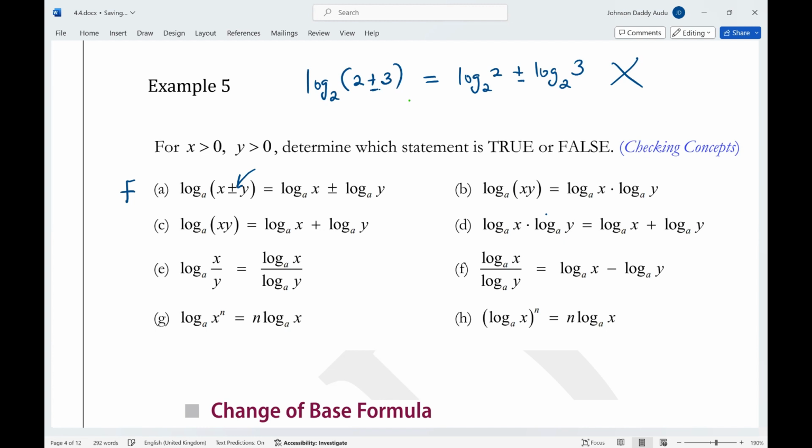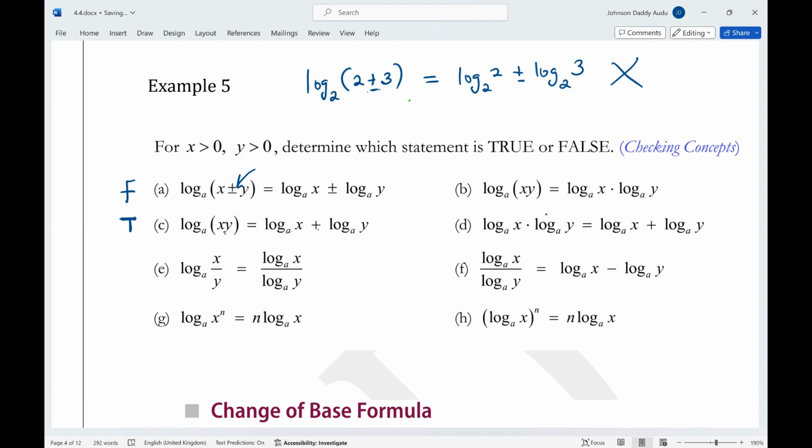So what is true is that if you have multiplication, it becomes addition. But if you have addition or subtraction, you cannot write it this way. So, but look at this one also. But this C, let's look at C now. C is true. Why? Because here you have multiplication. It turns out to be addition, right?